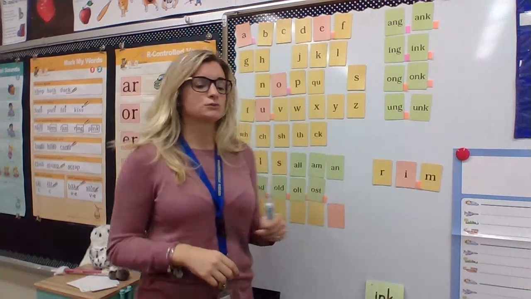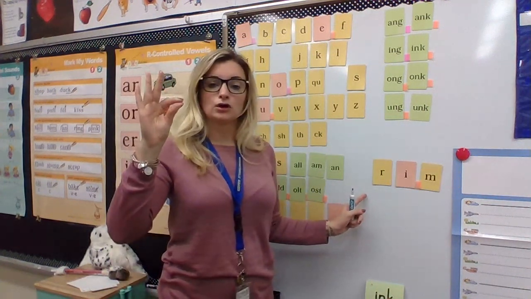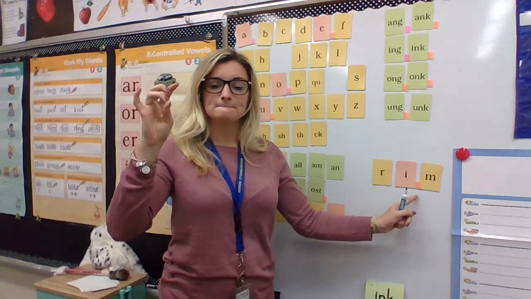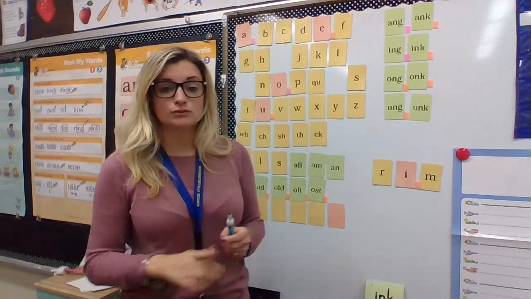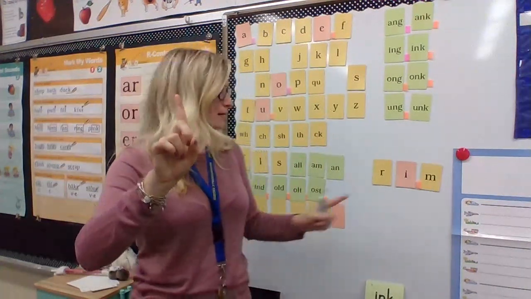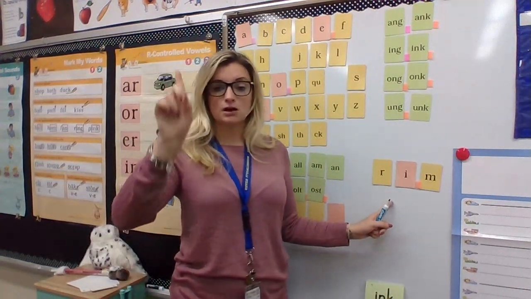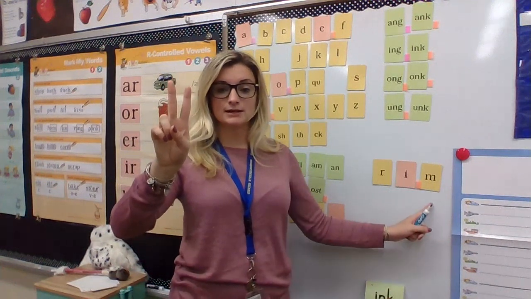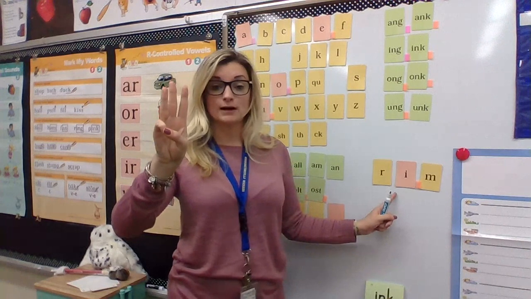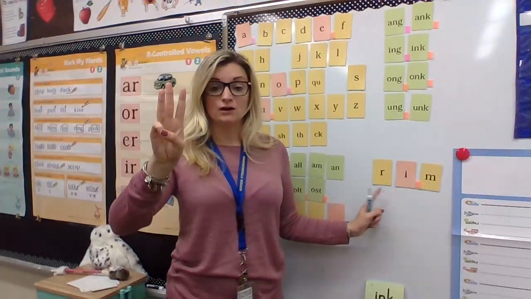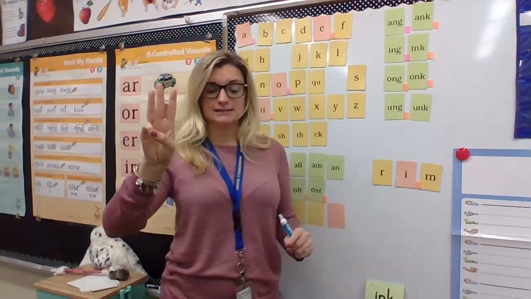All right, let's look at this word and tap it out. Rim. All right, let's look at those 3 rules. Rule number 1, does it have one vowel? Yes, it does. Rule number 2, is it followed by a consonant? Yes, it is. Rule number 3, does it make the short I sound? Yes, it does.